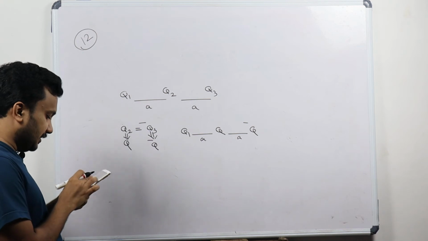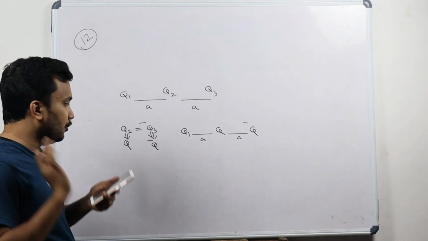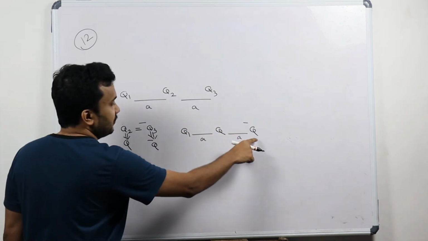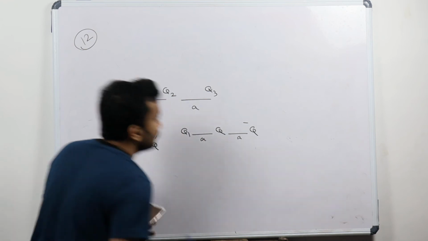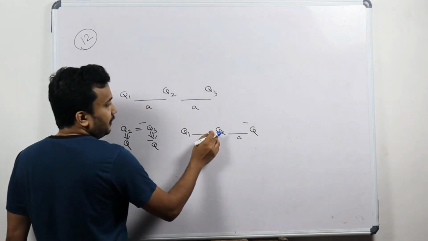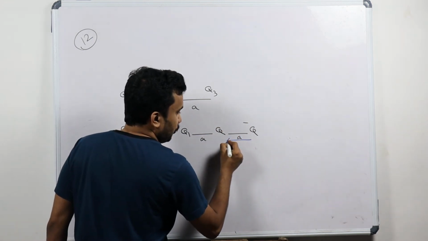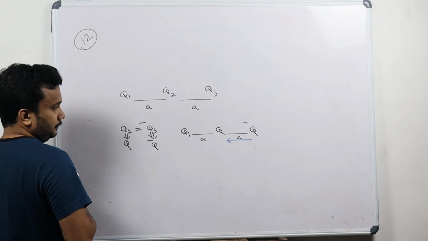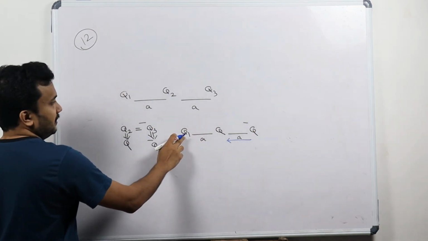What is the question asking? The net force on Q3 is 0; find the value of Q1. Net force on Q3: this is our Q3, so we'll see what all the forces are acting on this Q3. Because of the nearby charge, this body will be attracted towards this one. What will happen from this Q1 charge?